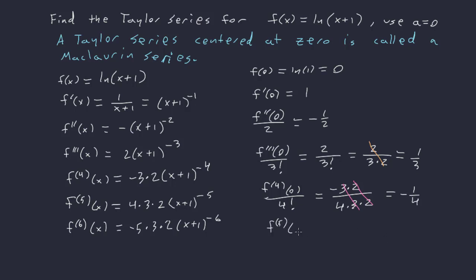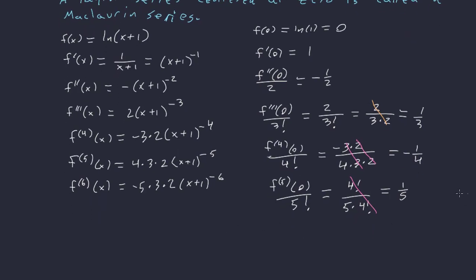The fifth derivative at 0 over 5 factorial. Well, this right here, 4 times 3 times 2, that is 4 factorial. So this is 4 factorial all over 5 factorial, which is 5 times 4 factorial. The factorial cancels, and we get 1/5. All right, then the sixth derivative over 6 factorial.